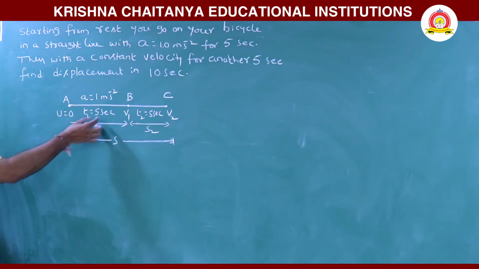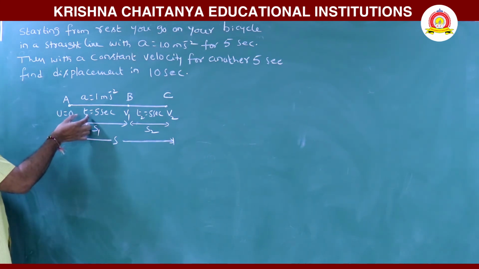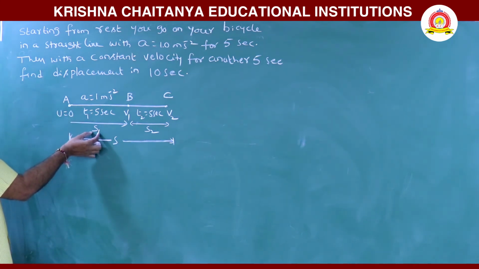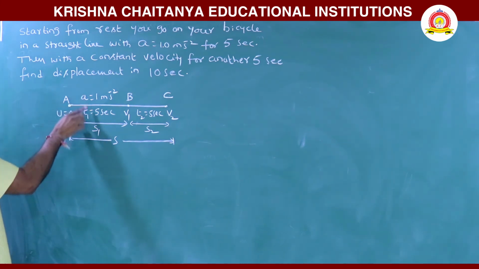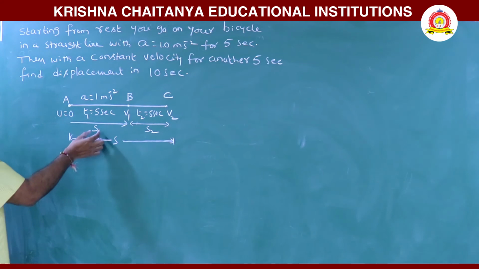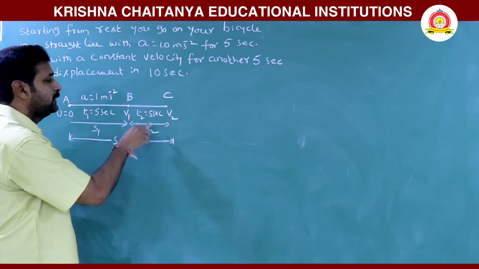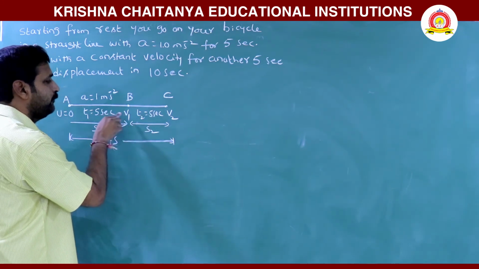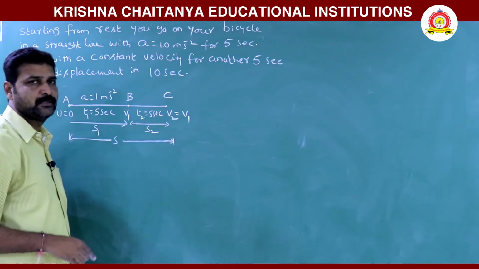Then for the first 5 seconds, which formula is suitable? Here we have to find S. So S is equal to ut plus half at squared, where u is known, 0. Then you can find S. After 5 seconds the body moves with constant velocity, so if it is V1 here, it is V1 here also. Why?